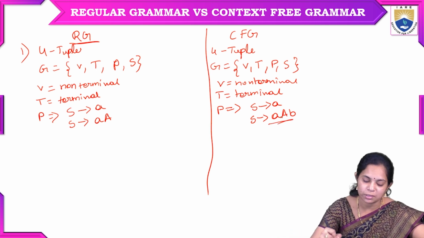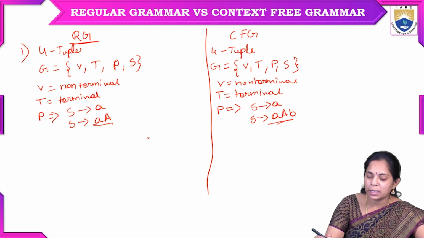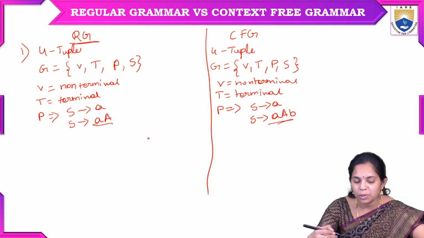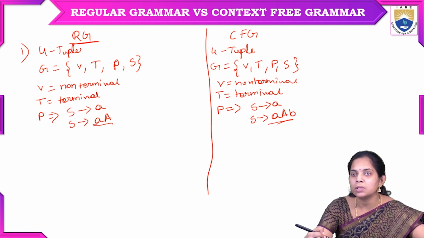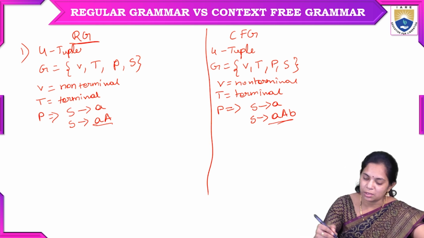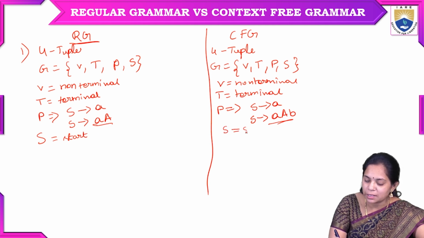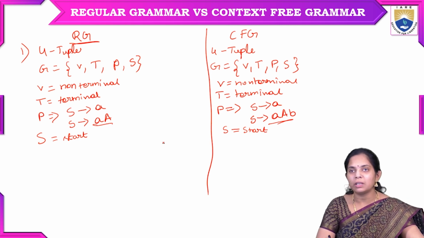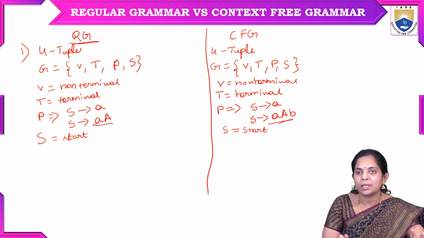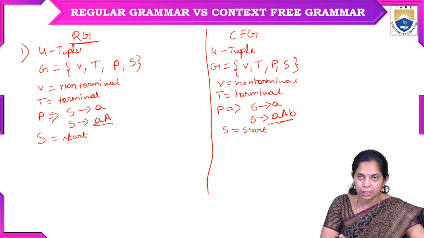That is the difference. The regular grammar contains terminal and non-terminal, and in the context-free grammar we can also have two terminals with the combination of non-terminal. So that is the difference. And S is the start state here also. So this is about the four-tuple notation difference for the context-free grammar and regular grammar.